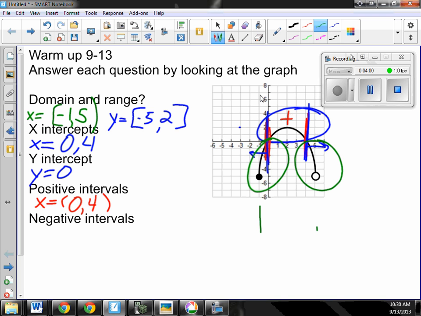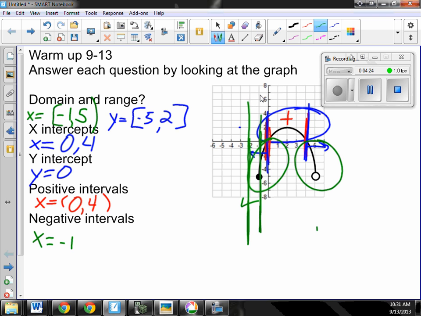How do we describe this graph on the left? What's the lowest x value in that piece? -2 misses, but -1 hits. So the negative intervals are x equals -1.